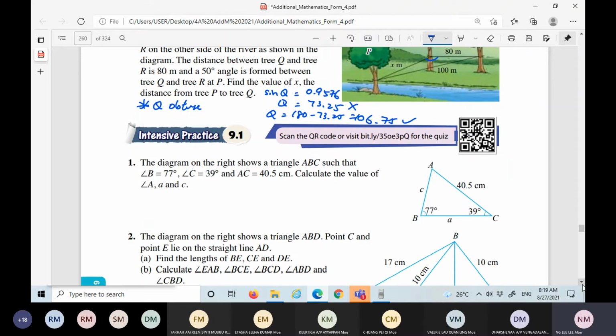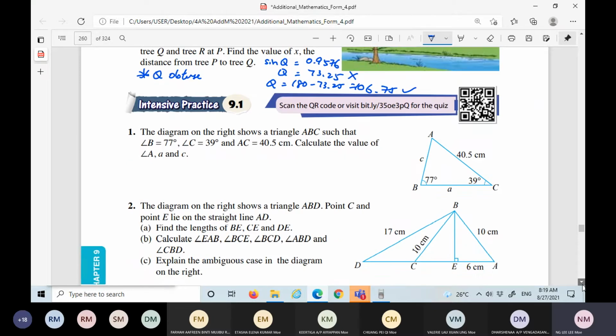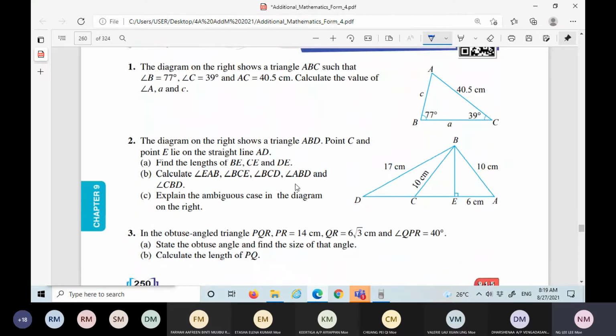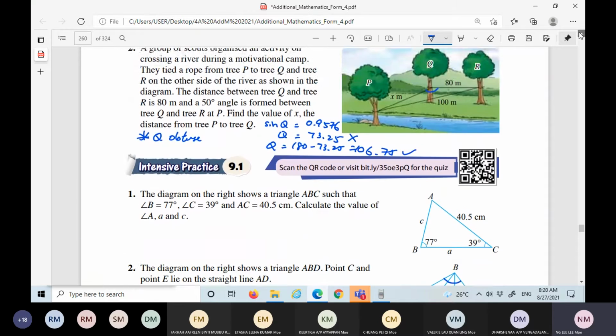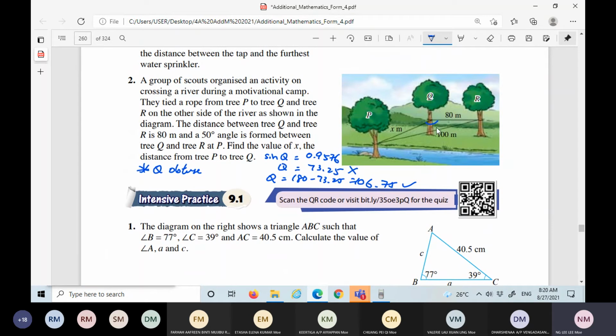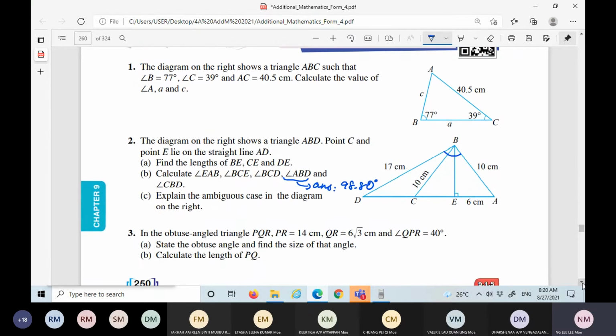Now we go to intensive practice, number 2. Number 2B, actually the answer in the book is wrong. The answer should be 98.80. You see angle ABD, this angle you have to be careful. Like just now, the angle Q in question 2 was quite obvious, it was obtuse. But if you look at this angle, it is almost like 90 degrees.